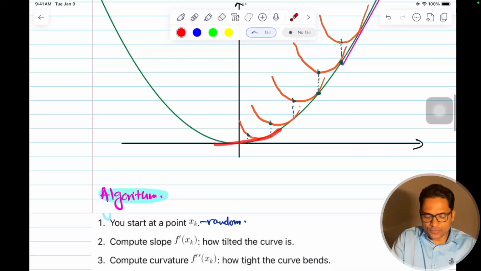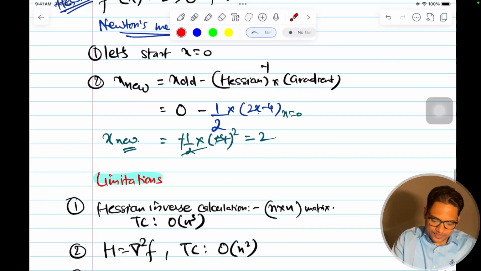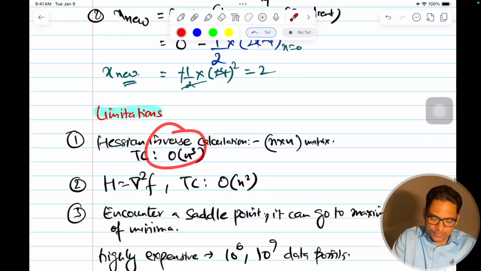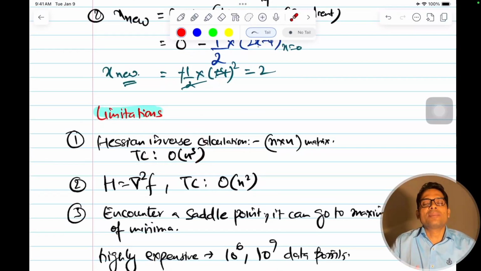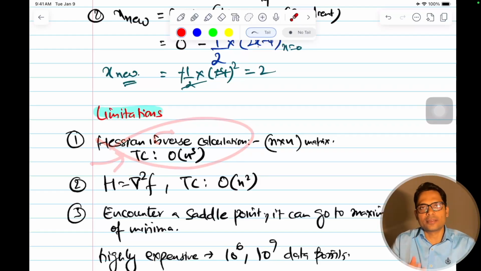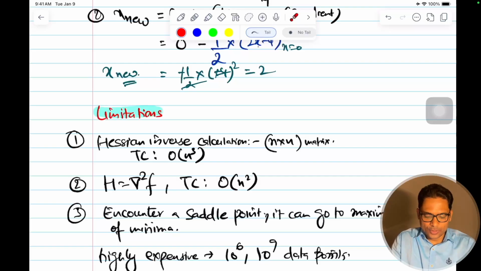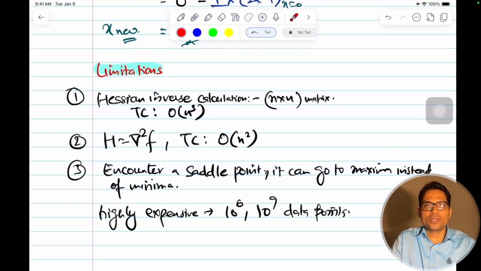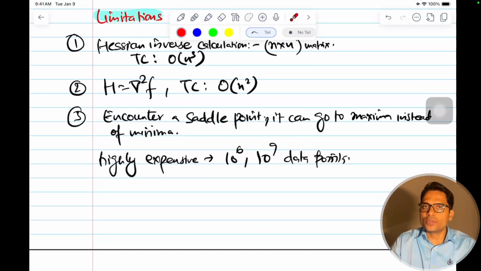Also, for calculating the Hessian inverse, which is order n cube, we use some approximations, like low rank approximation, using the older data to get a good approximation of the Hessian at that point. Because of that, this time complexity is reduced, and then this becomes usable. So this is not actually Newton, but a quasi Newton method.